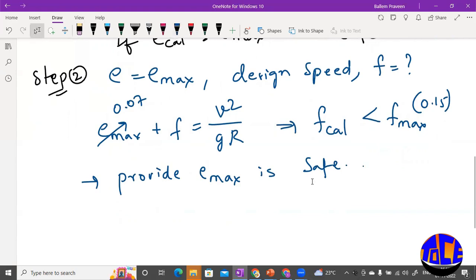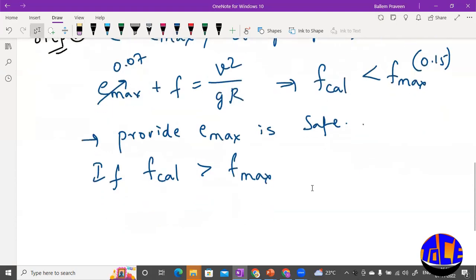In case F calculated is greater than the F maximum value, then it is not safe. It is not safe even if you provide the maximum super elevation. In that case, you have to go for step 3.